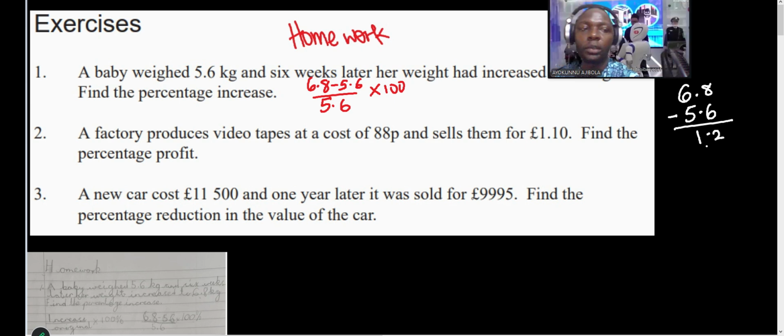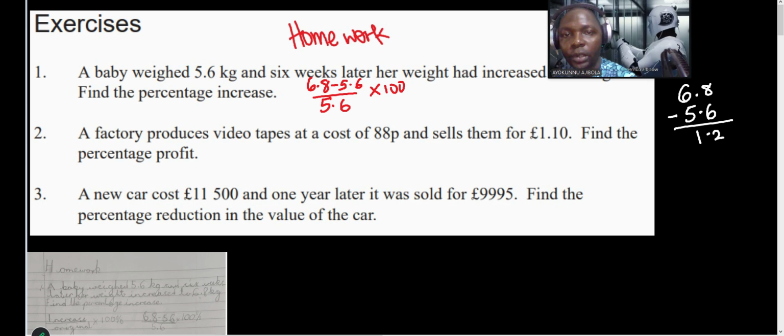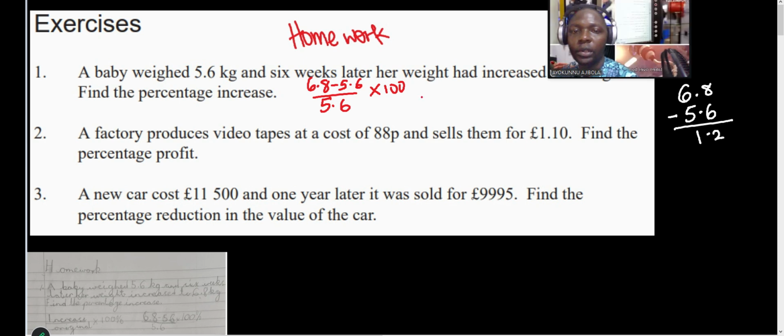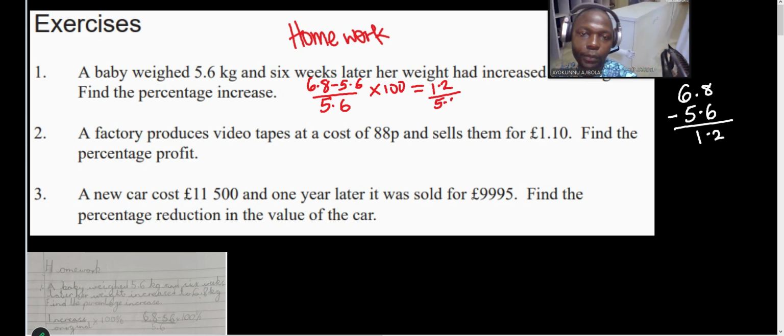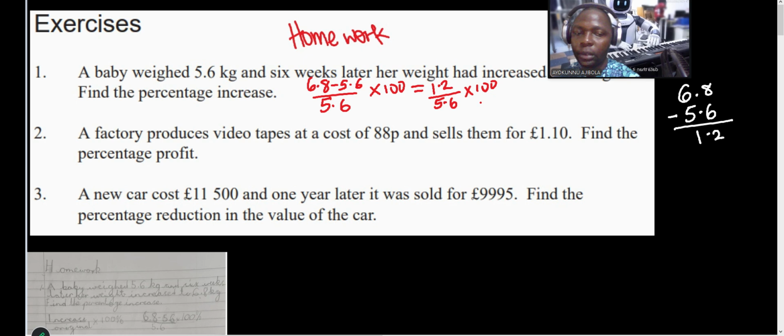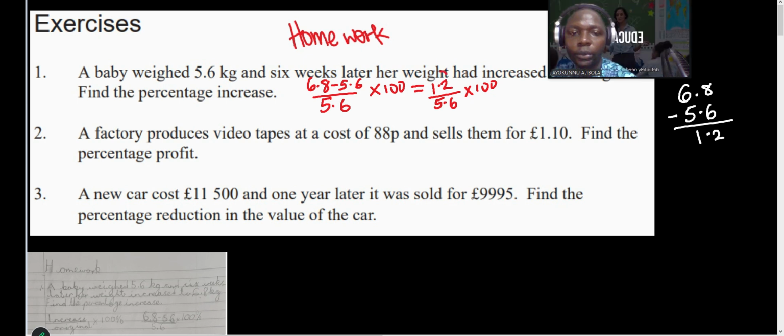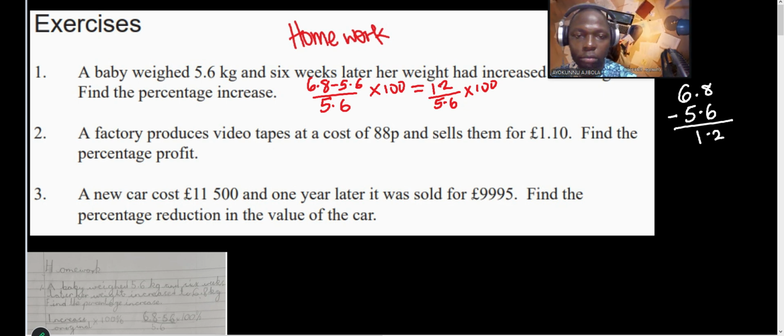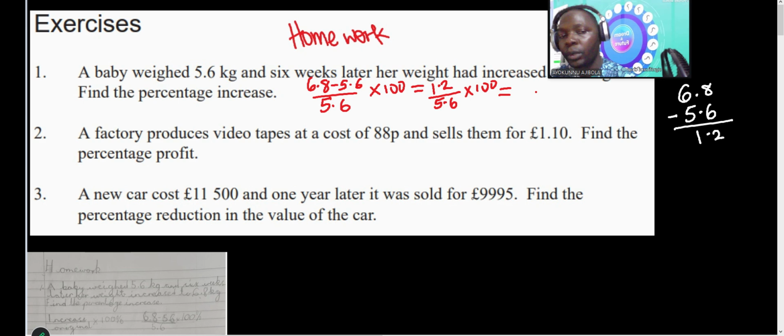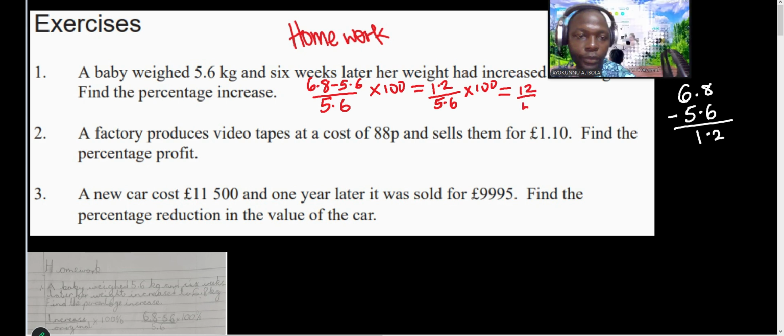So this is equal to 1.2 over 5.6 times 100. Now, there is a way to do this equation. You can change this to a whole number since they have one decimal. That'll be 12 over 56, okay? Times 100.